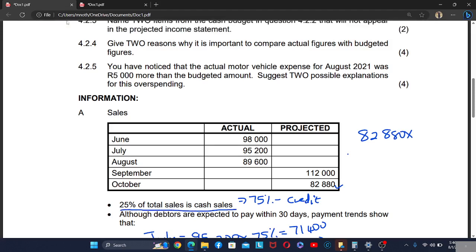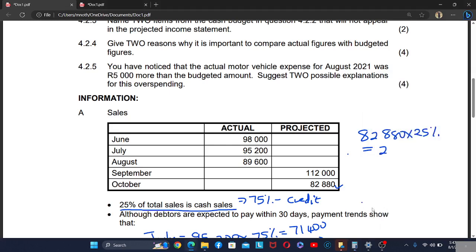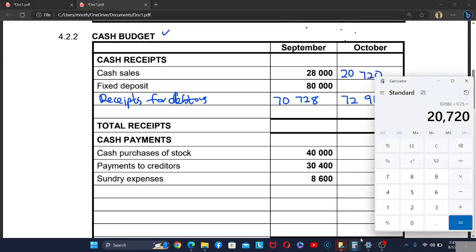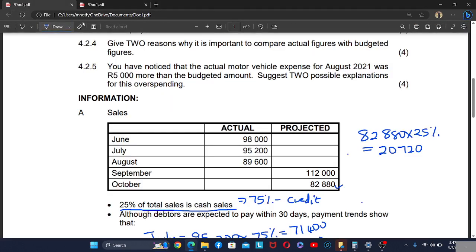So we multiply by 25% because we are looking for the cash sales. 82,880 multiplied by 25% is going to be 20,720. Those are the cash sales for October. Okay, now let's continue.